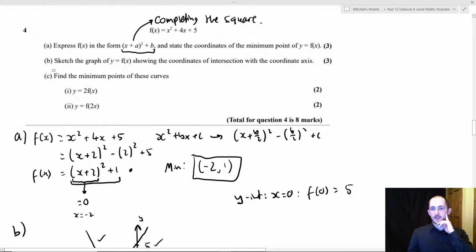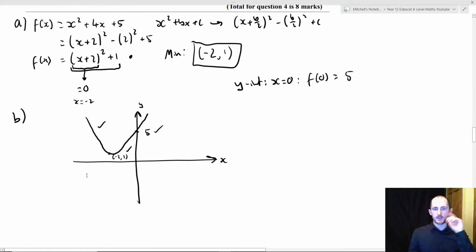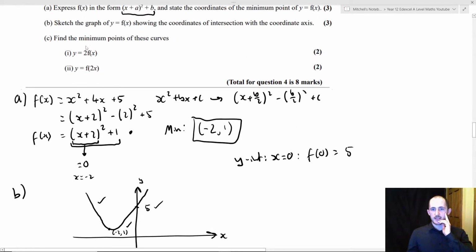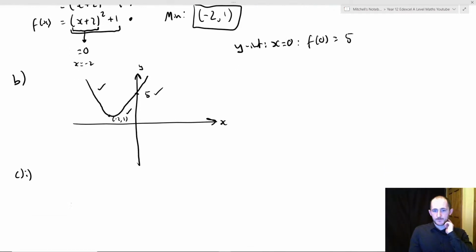And then all it says is find the minimum points of these curves. Now this is interesting, because if we just need the minimum point, I don't need to sketch it. For the first one, it says y equals 2f of x. So what does this do? It times the y coord by 2.